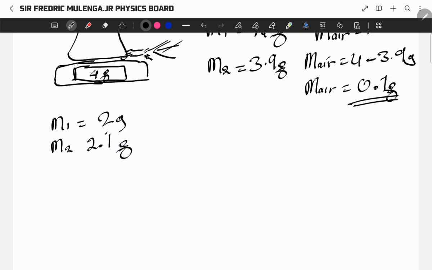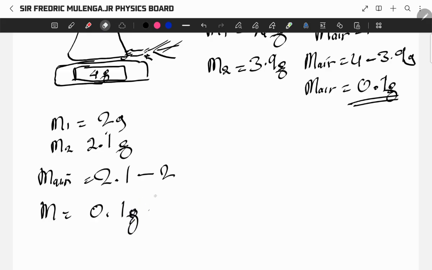How are you going to solve here? You subtract from the large value. So your mass of air will be 2.1 minus 2, which gives you 0.1 grams.